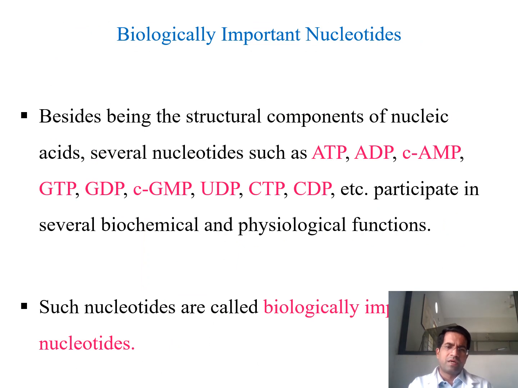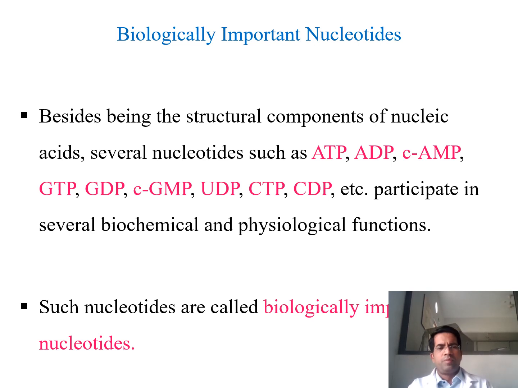So next we will come to the topic of biologically important nucleotides. We know that DNA and RNA are nothing but polymers of nucleotides. So the basic function of nucleotides is that they are involved in the formation of DNA and RNA. Other than that, there are many nucleotides which have biological importance.